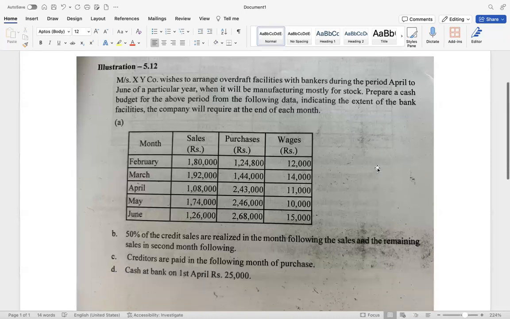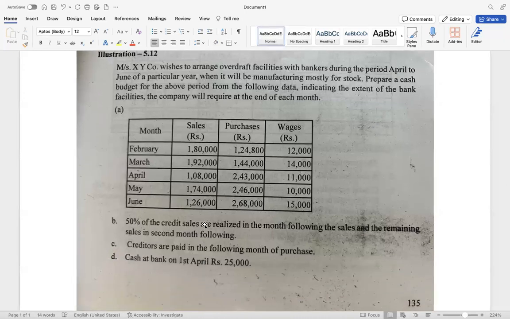Right? So let's go to some more details. 50% of credit sales are realized in the following month. Creditors are paid. Creditors means, credit sales on this 50%. Creditors are paid the following month.